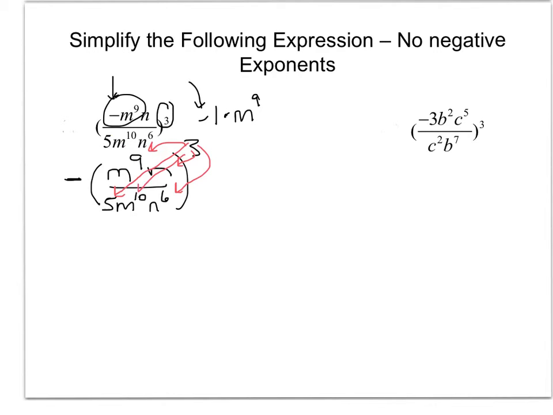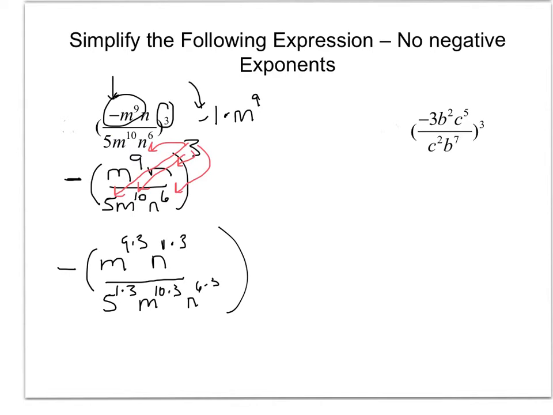It gets a little messy here, but we have all these exponents that are getting powers. So we're going to have our negative brought down, and just to show the steps, m to the 9th times 3, n to the 1st times 3, all over 5 to the 1st times 1, 5 to the 1st times 3, m to the 10th times 3, n to the 6th times 3.